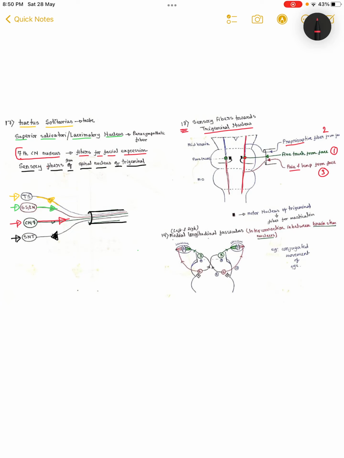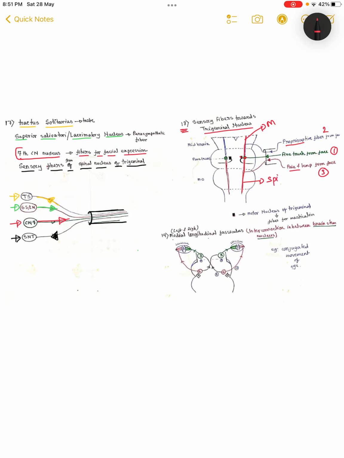And you see one black nucleus is here. Okay, and this nucleus is what? Spinal nucleus of trigeminal system. This is what? Mesencephalic nucleus of trigeminal system. Why is it mesencephalic? Because it's going towards the midbrain, and midbrain means mesencephalic.